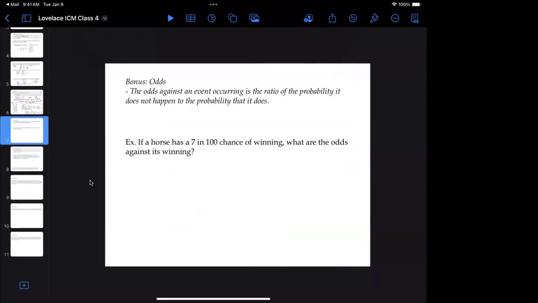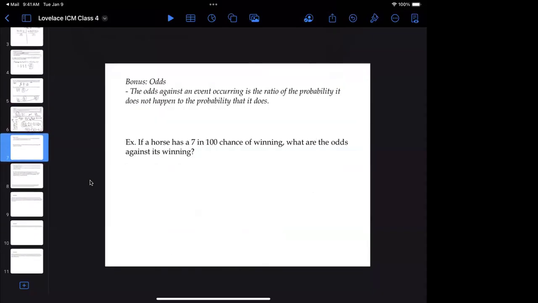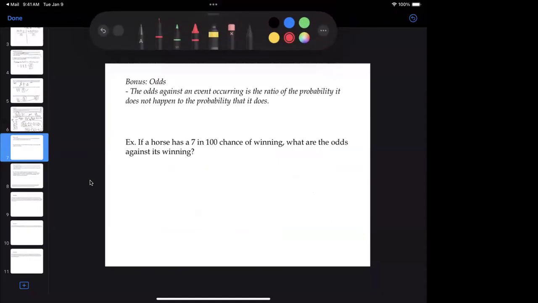So for the next one, I'll talk about odds. Odds are kind of weird. The odds against an event A is defined as the ratio of the probability that it does not happen, the complement of A, divided by the total.